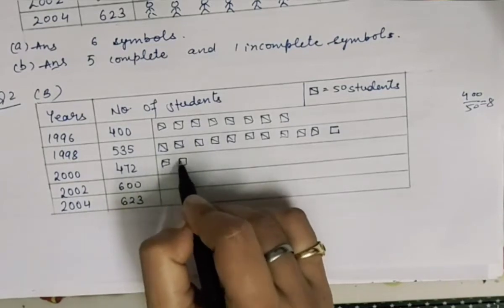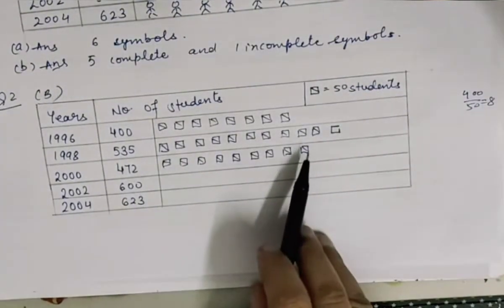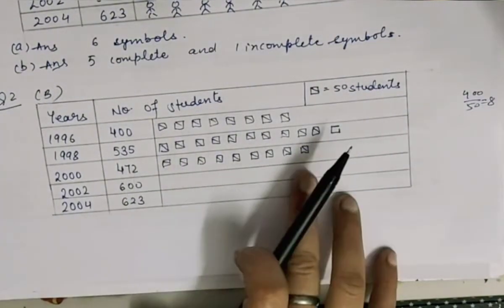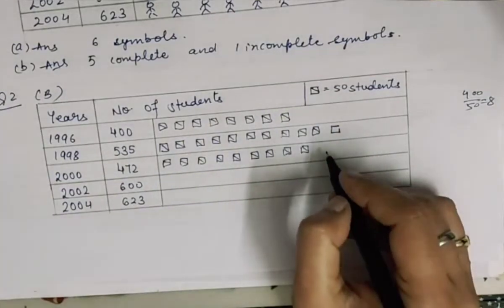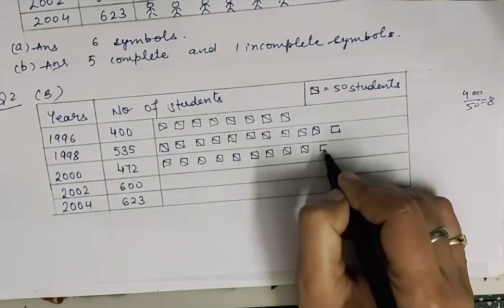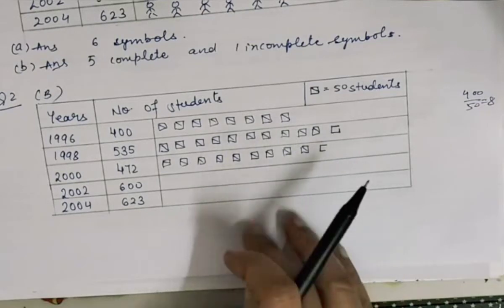Okay, so we can draw in this manner. Now I have drawn 9. Now after 9, 450 is covered, only 22 is left. So 22, which is a little less than half of 50. Okay, so I'm just drawing a figure like this, less than half of 50.